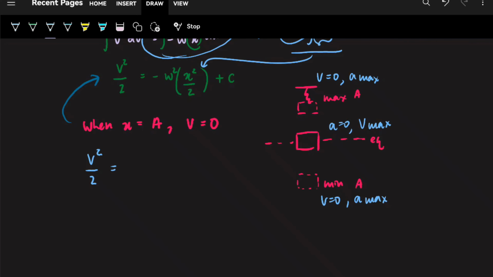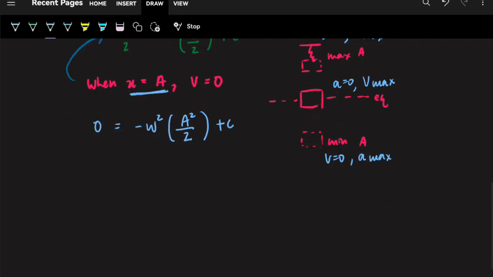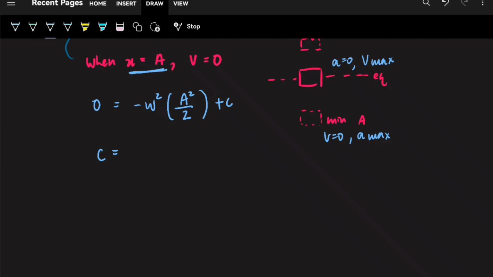So this whole thing is 0 already. This whole thing is 0. Negative omega square. Your x square is now a square because x is a, divided by 2 plus c. So to find c, there's no negative, it's just omega square because you bring it to the left hand side, negative is gone, a square over 2. So this is your c.